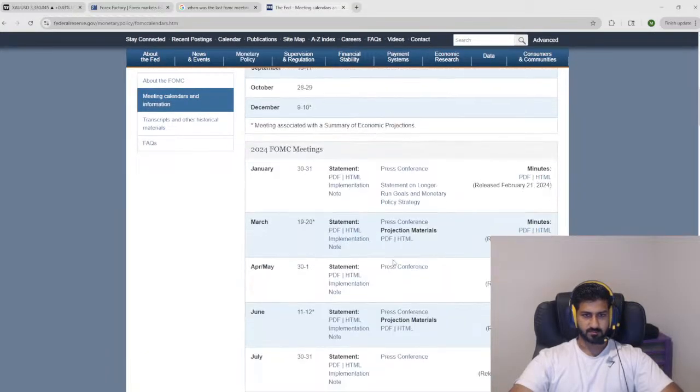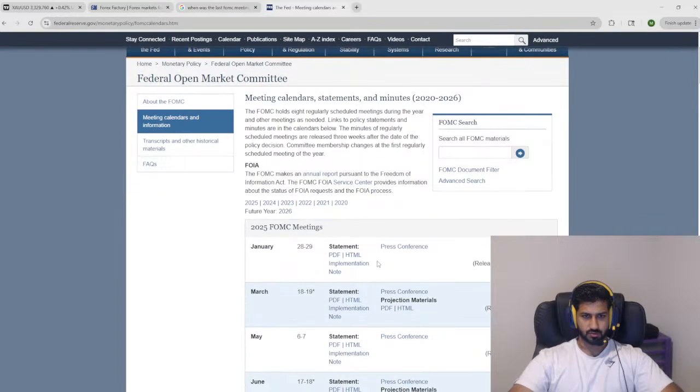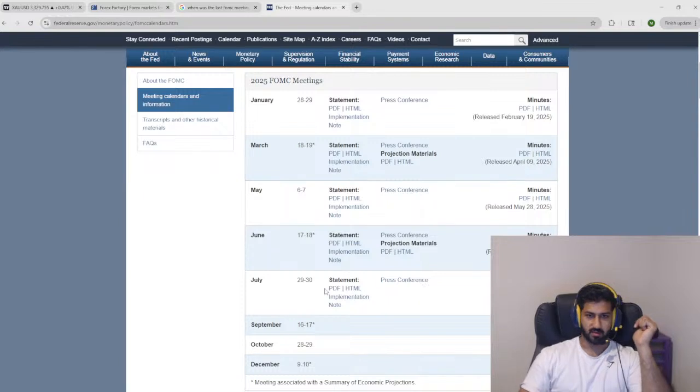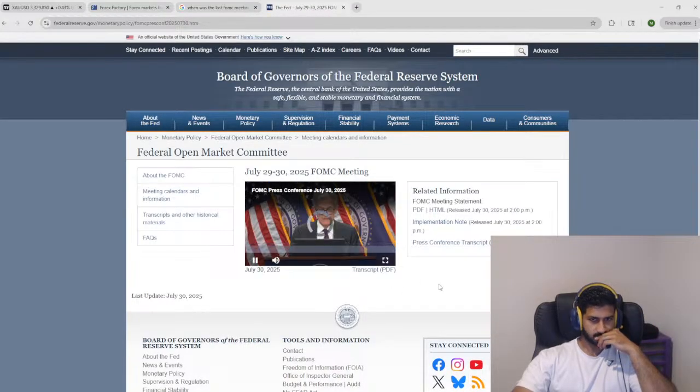FOMC calendar. So in 2025, the last one held was July 29th to 30th. Press conference. Let's see.